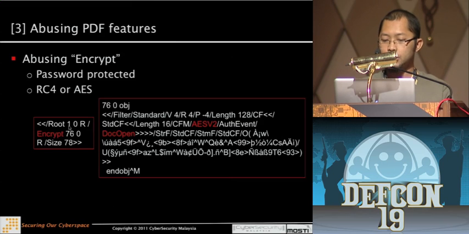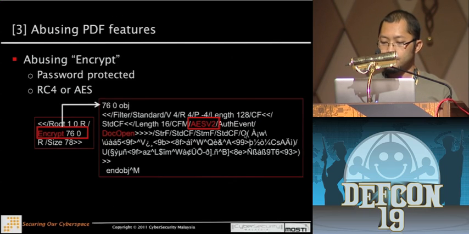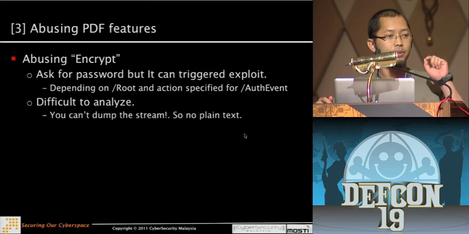For example, /Root has a dictionary Encrypt that points to object 76 over here. If you look at object 76, its declaration says it is going to be encrypted with AES encryption. Normally when you open a PDF, it will prompt you to input a password.